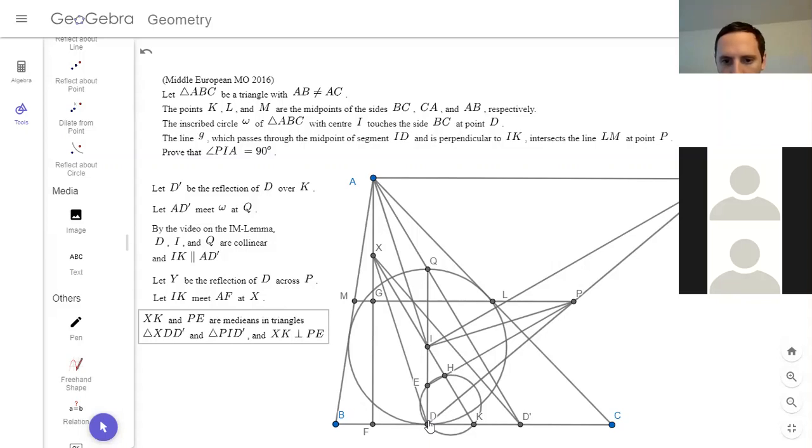So I want to show either XD prime is perpendicular to PD, or XD is perpendicular to PI.